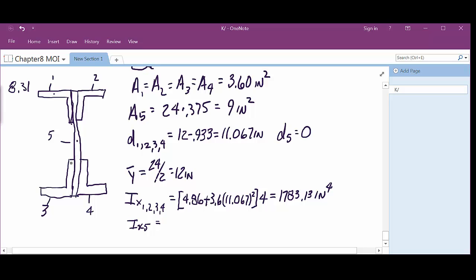Okay, so 12 minus 12 is 0, which makes it nice because then I don't need to worry about that when I do the moment of inertia of this particular piece. It's going to be the base, which is 375, times the height, which is 24, cubed, divided by 12. 432 inches to the 4th.